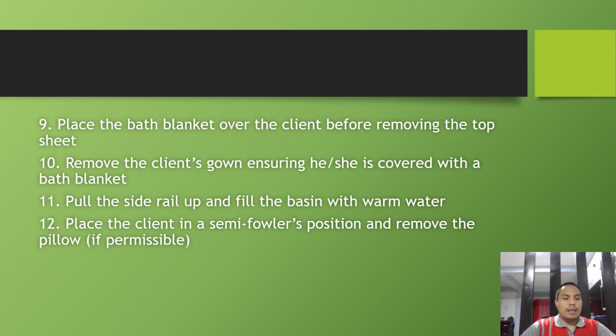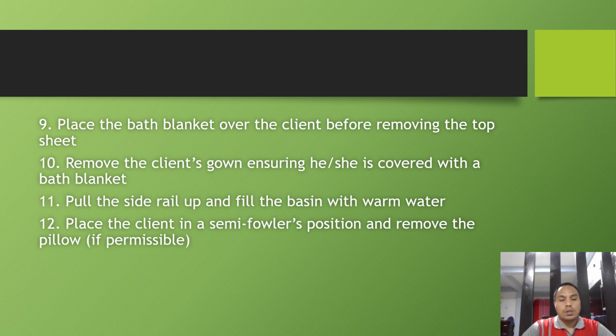And after that, if the client has an IV, don't forget to remove the gown first from the arm without the IV. Do not disconnect the tubing. If an extremity is injured, remove the gown first from the uninjured side.